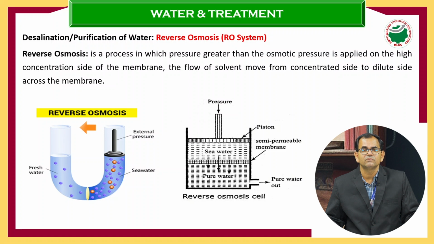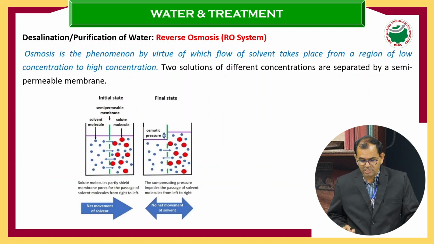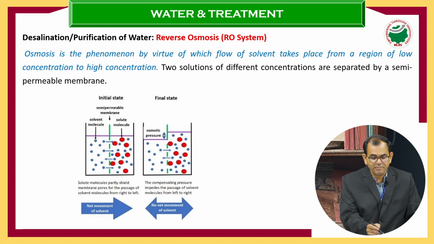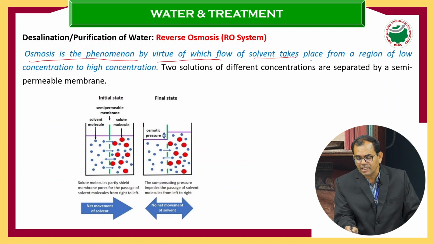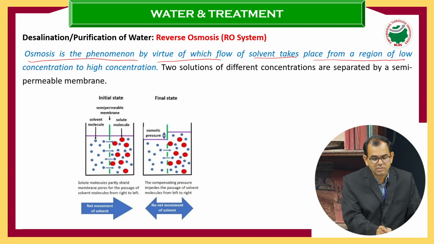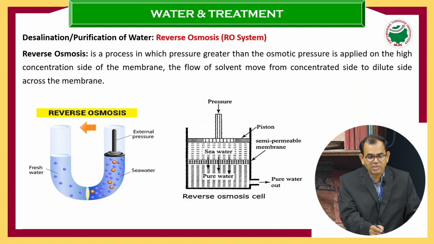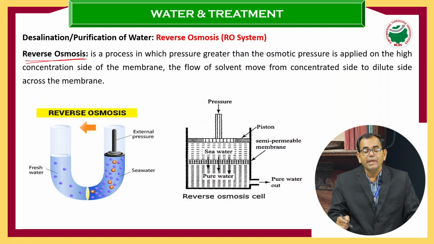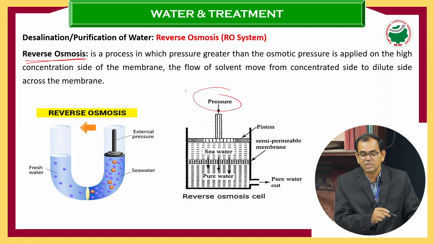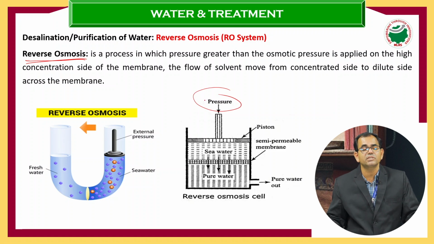How is it happening? It is happening by applying external pressure. Osmosis is the phenomenon in which flow of solvent takes place from a region of low concentration to high concentration. Very straightforward definition. But when we talk about reverse osmosis, it needs some pressure, as mentioned in this picture.